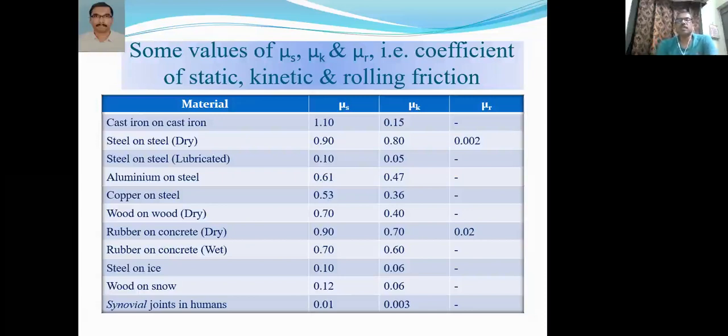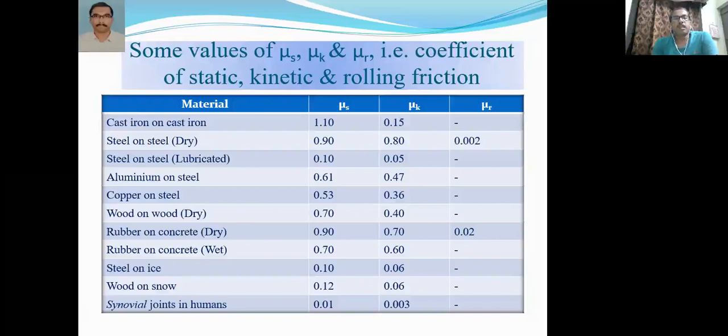So mu s is greater, mu k is in between, and mu r is very less. And steel on steel when lubricated, all the coefficients decrease, that is mu s 0.1 and mu k 0.05, because the frictional force reduces due to lubrication.